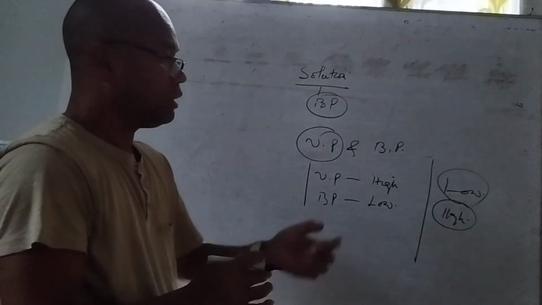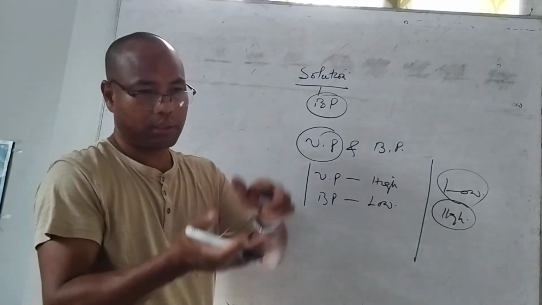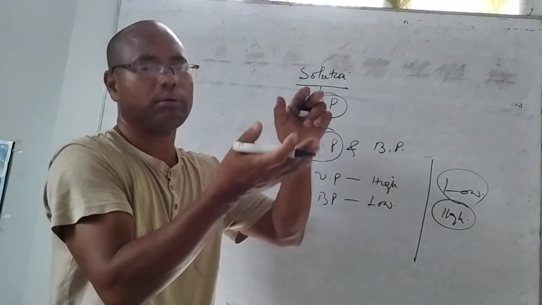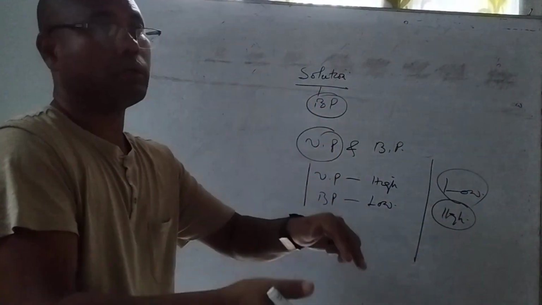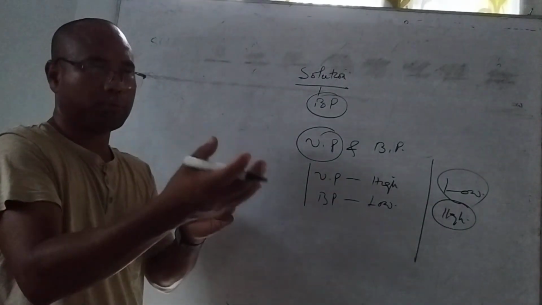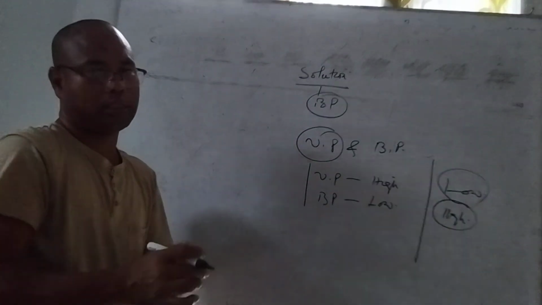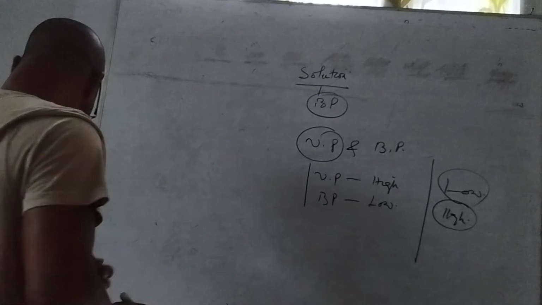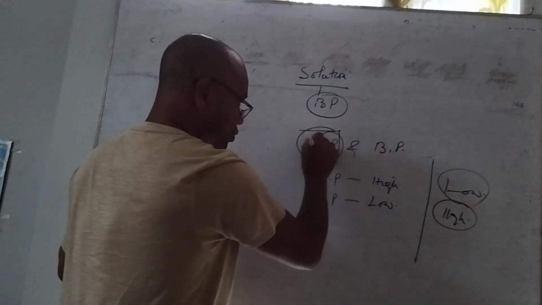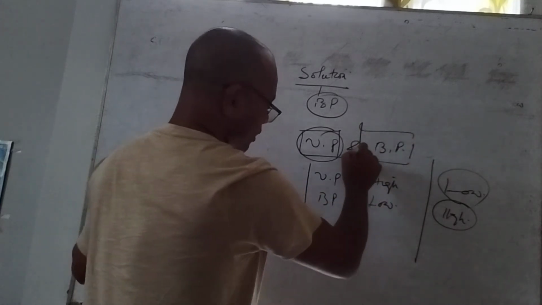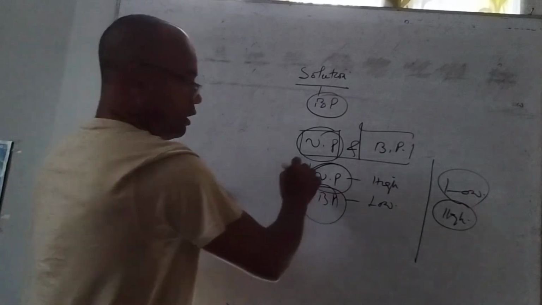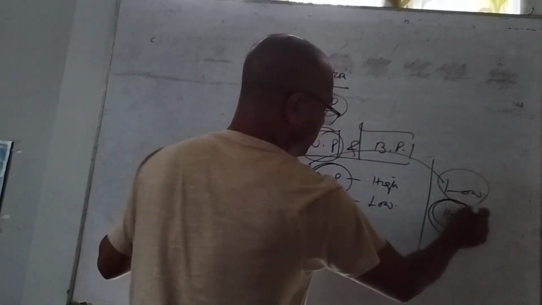But water's vapor pressure is lower than ethanol's, so definitely the boiling point of water is higher than ethanol's. So remember the relation between the vapor pressure and the boiling point: higher the vapor pressure, lower the boiling point; lower the vapor pressure, higher the boiling point.